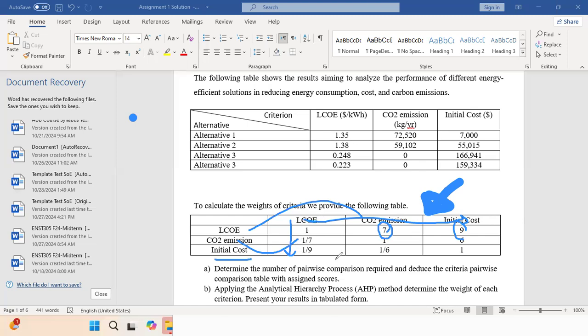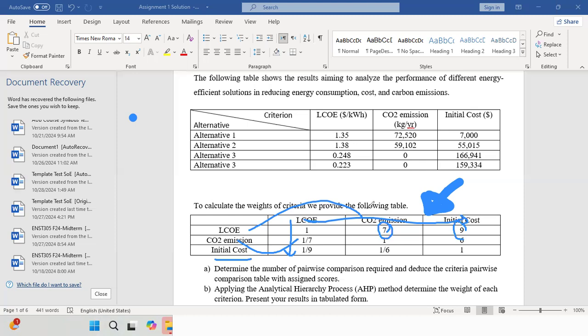So no need to perform it here. If you look at the comparisons, we have 1, 2, 3, 4, 5, 6 comparisons.